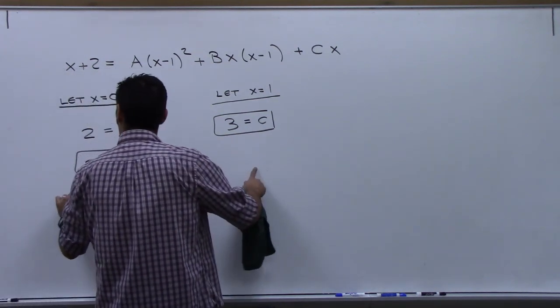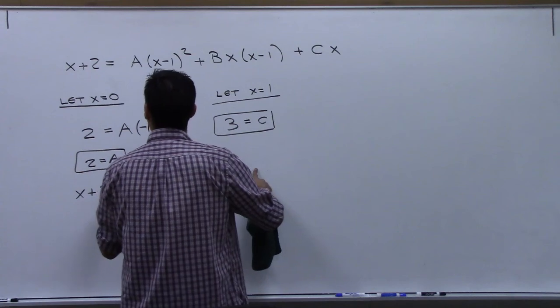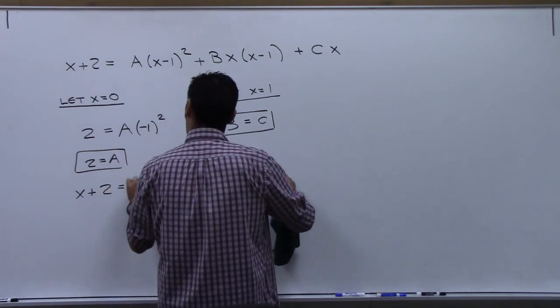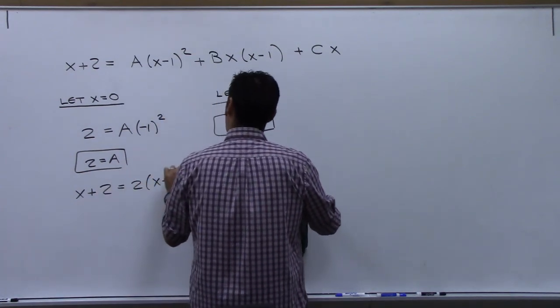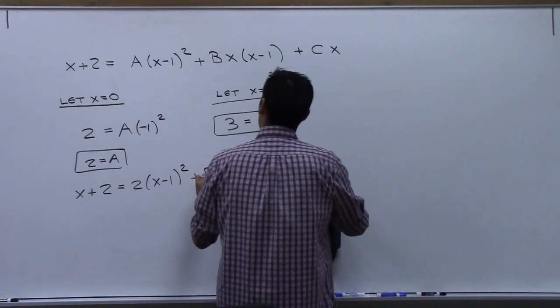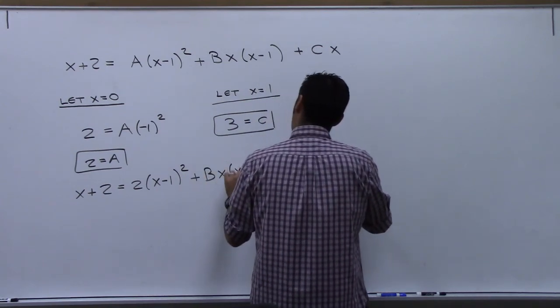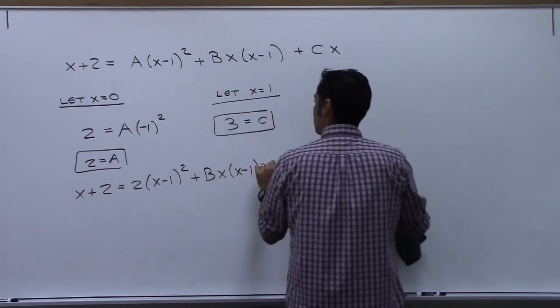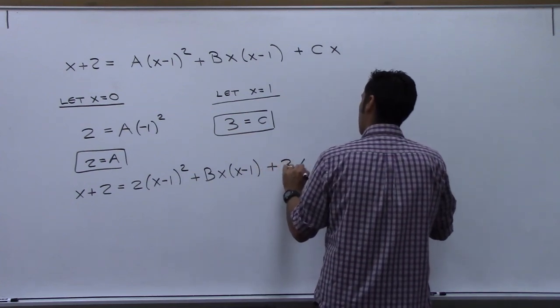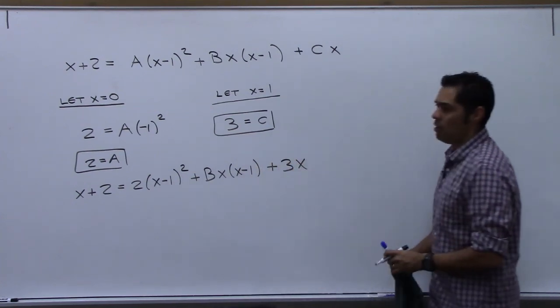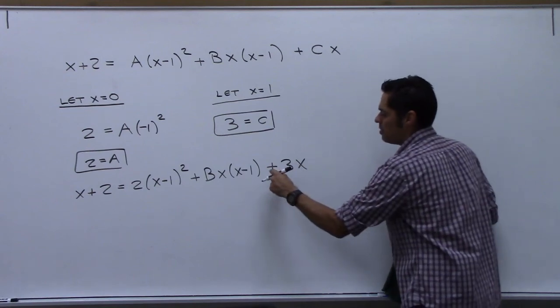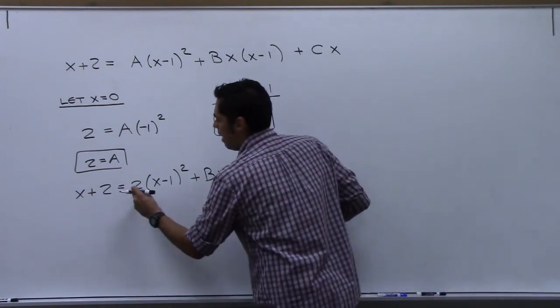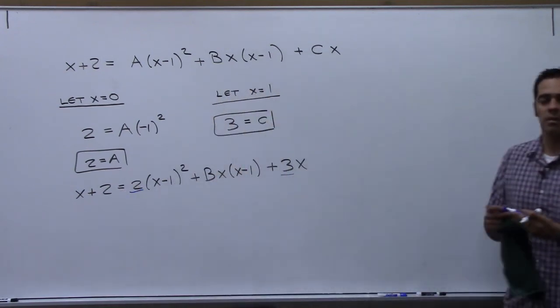So watch, I'm going to write x plus 2 equals a, which was 2, times x minus 1 squared, plus b x times x minus 1, plus c, which was 3x. Do you all agree that that is me replacing c and a with what I know they are?